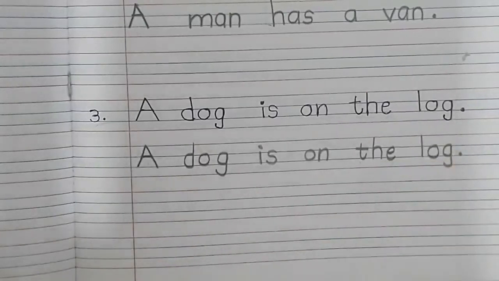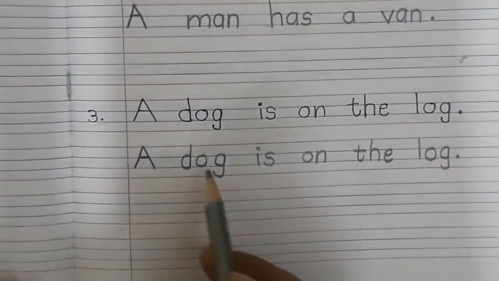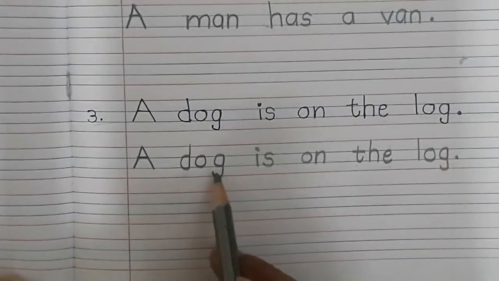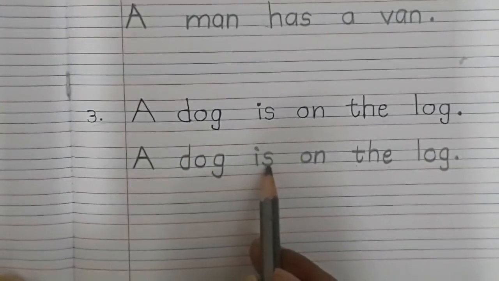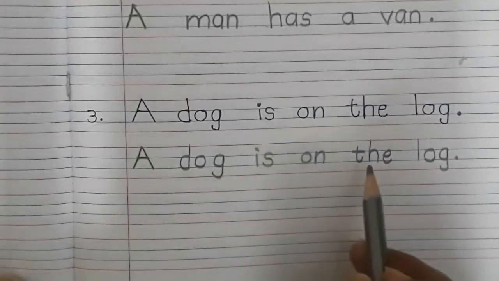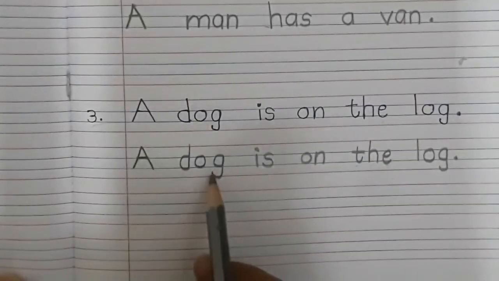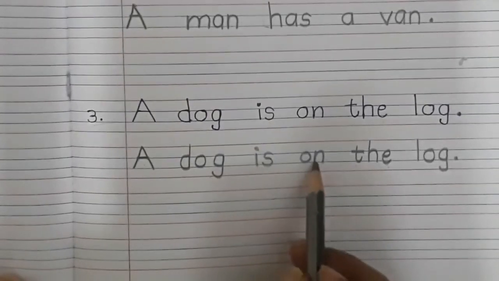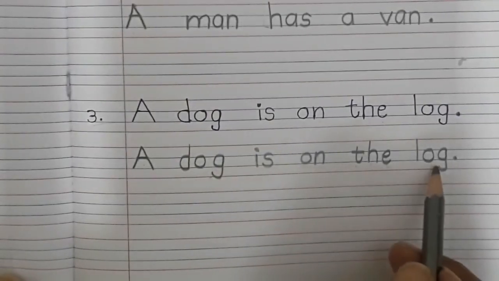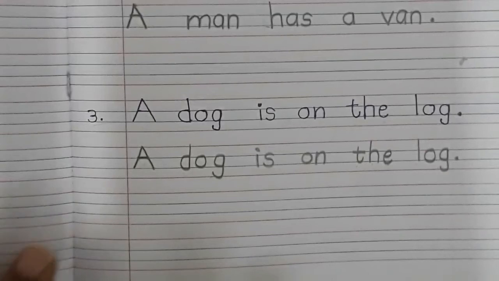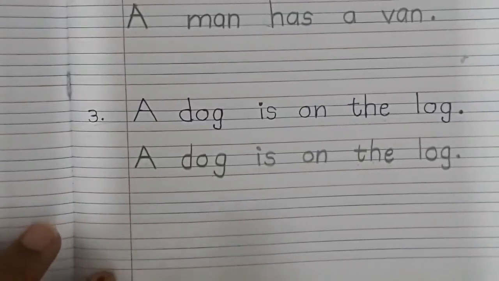Then full stop. A dog is on the log. मतलब कि डॉग कहाँ पे है? लॉग के ऊपर.